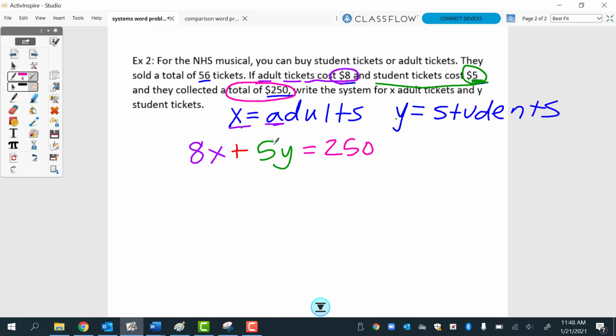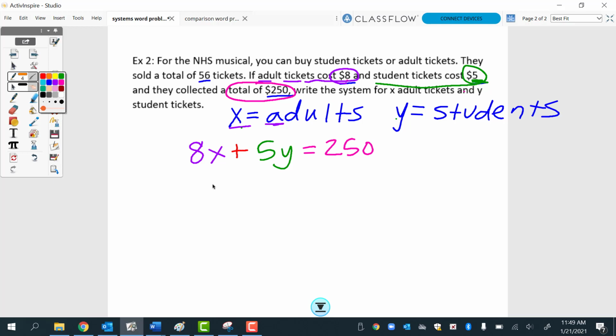Once you use these numbers, you cannot use them in the other equation. So that brings us back to our 56. Now 56 is how many tickets were sold, not the price of a ticket. They sold student tickets and adult tickets, so the student tickets and the adult tickets together was 56.